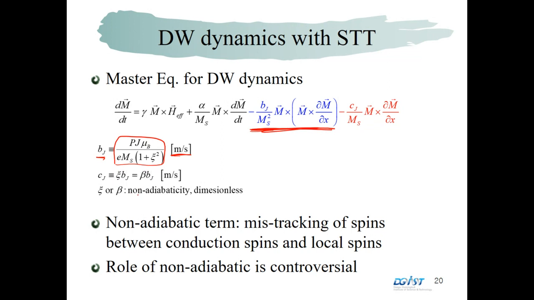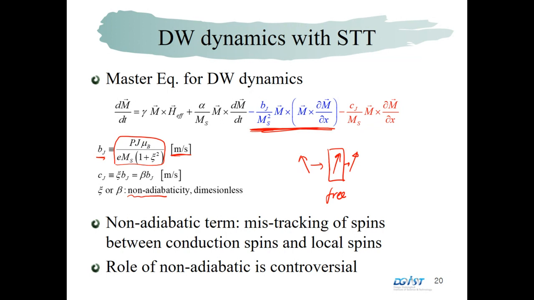So what's the meaning of the non-adiabatic term? When we were talking about the STT in MRAM, we said if you have a free layer here, and there is an incoming magnetic moment or incoming spin, there's some exchange coupling, so the outgoing spin is just parallel to the free layer.